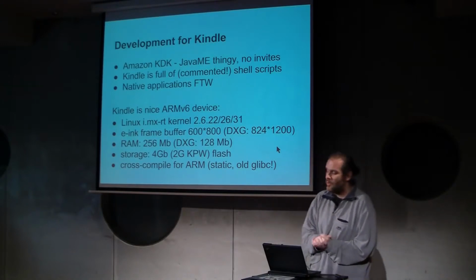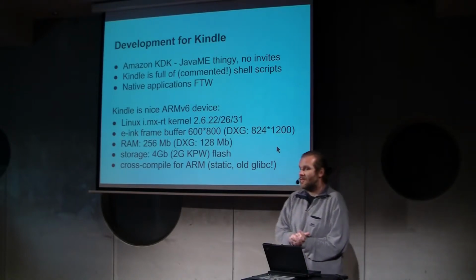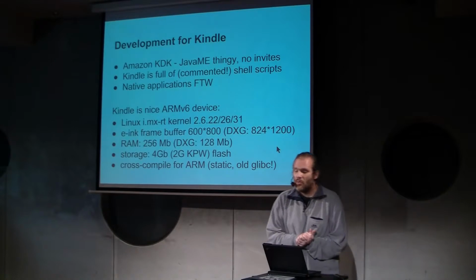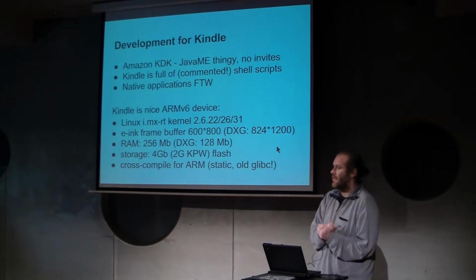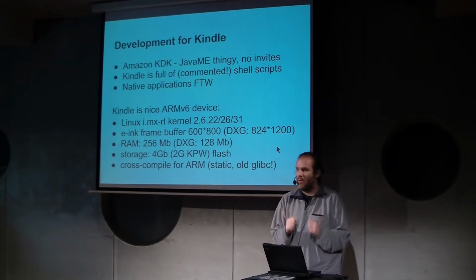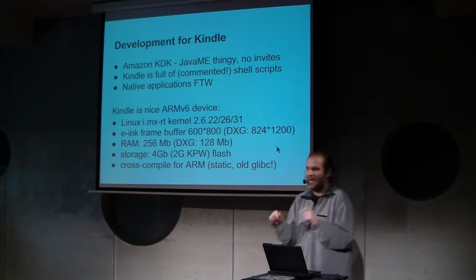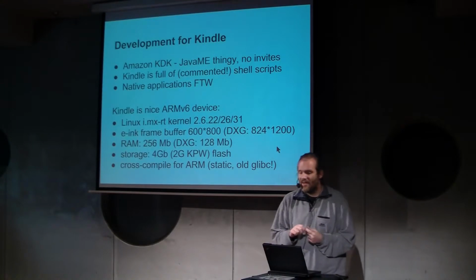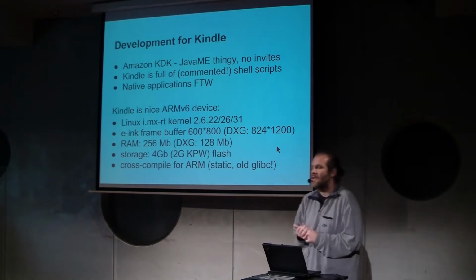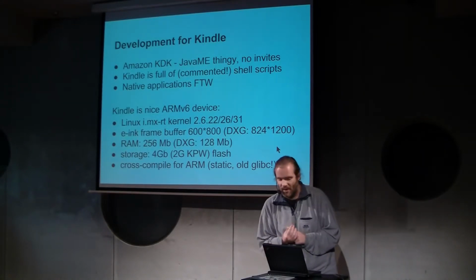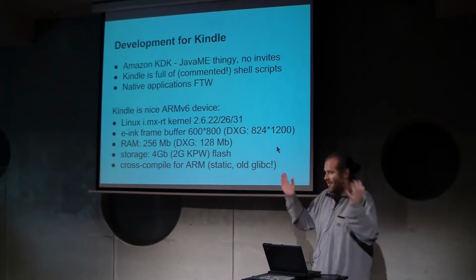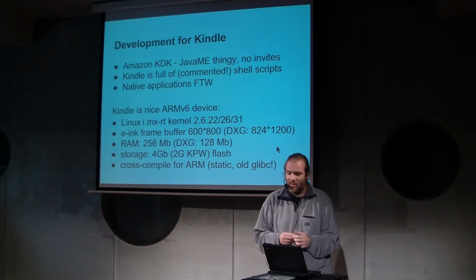Word of warning: the 2.6.22 kernel is so old that you have to take care where you get your cross-compile toolchain from, because if you just cross-compile with the latest ARM compiler from Debian and try to run the executable, it will say that your kernel is too old. But cross-compilers are available, and that's not a problem.